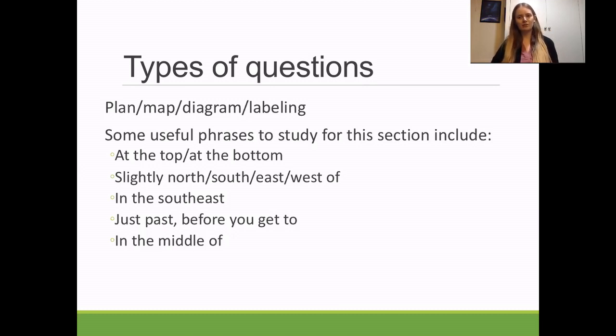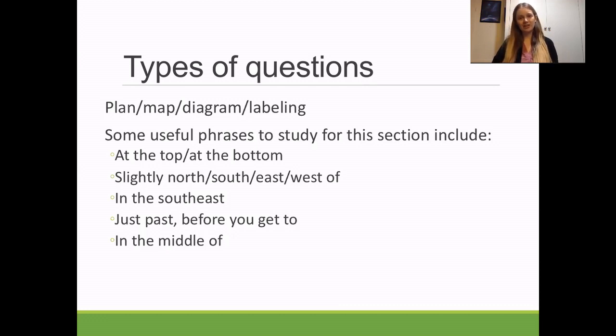So north of the mall, north of the person's house. In the southeast, in that general area that is to the south and the east, just past and before you get to. So be sure that you know what it means when someone says, oh, it's just past the store. So just after the store, but just past is a common way to describe that.